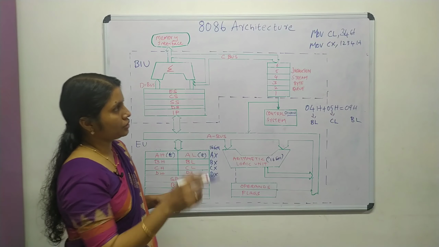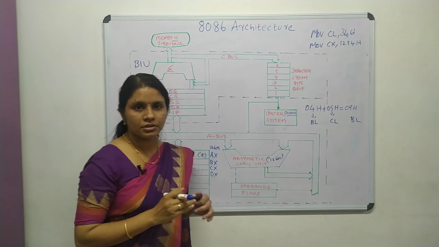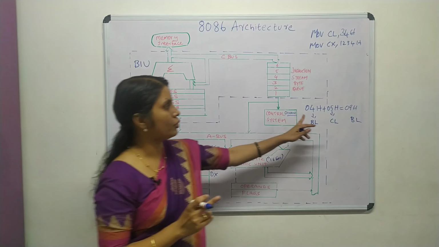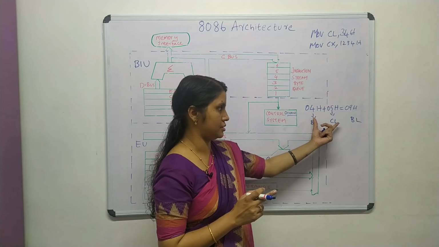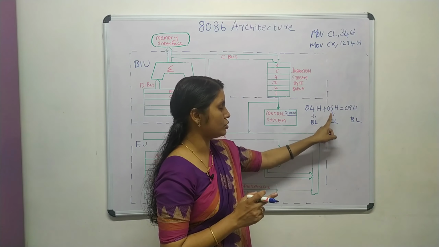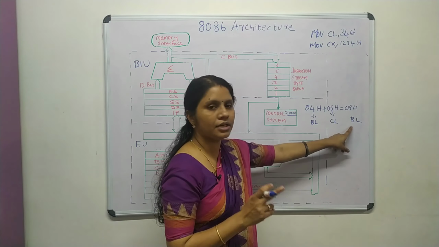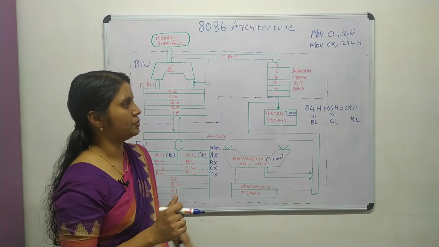Consider this example. If we want to add 04H plus 05H equal to 09H, and we store one value in BL and the other in CL, and finally the result should be in BL, how can we write this?